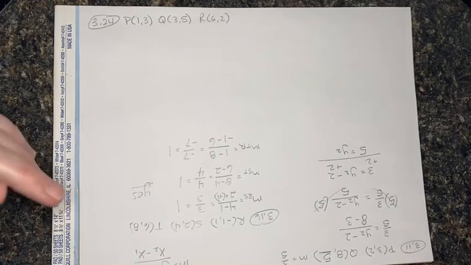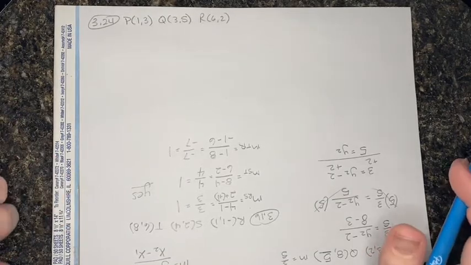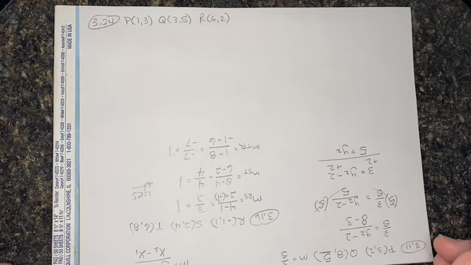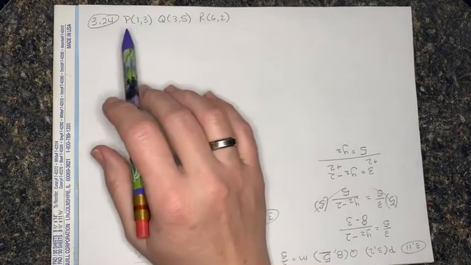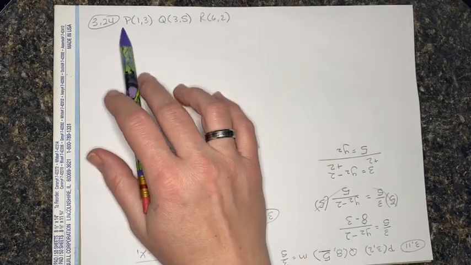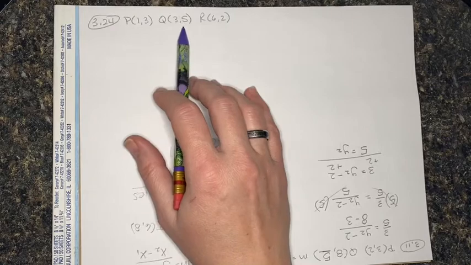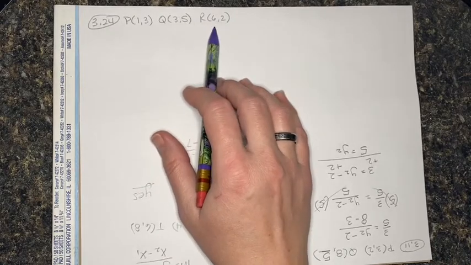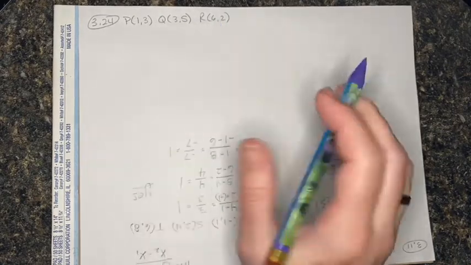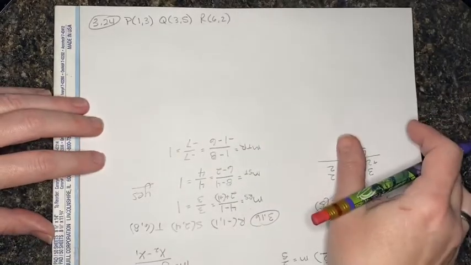The last problem specific to slopes that I want to talk about is problem 324. And it asks us to find the slopes of the sides of a triangle whose vertices are at these points. So 1, 3, 3, 5, and 6, 2. So they want us to find the slopes. Now they've already listed all the slopes that you need to find.